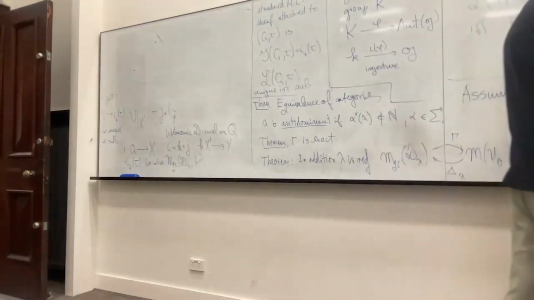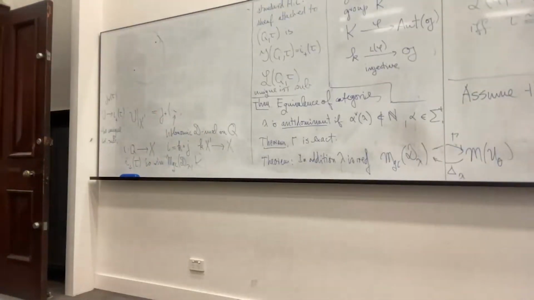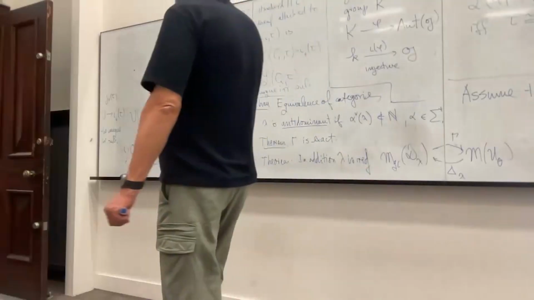There's no condition there. So we have a Harish-Chandra module for all lambdas, and the global sections are principal series as lambda varies.